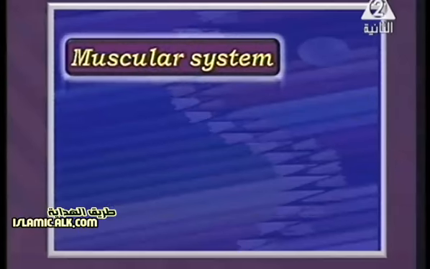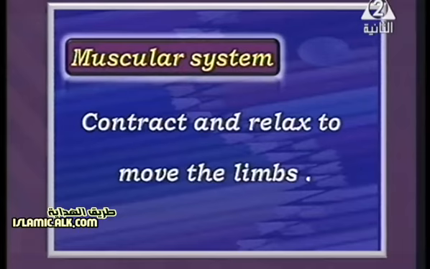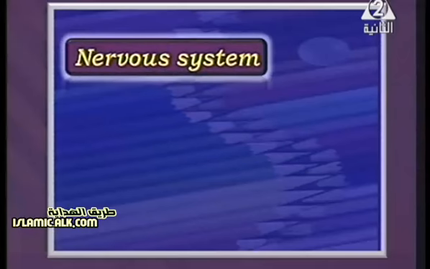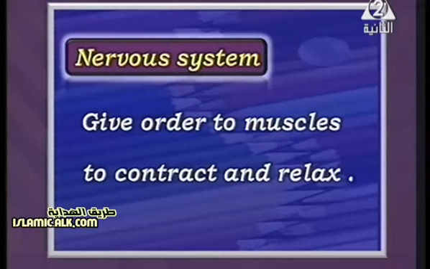And also the muscular system, for contraction and relaxation of the muscles. And also we need something to give the orders, which is the nervous system. So we have skeletal system, muscular system, nervous system. The nervous system gives orders to the muscles to contract and relax.